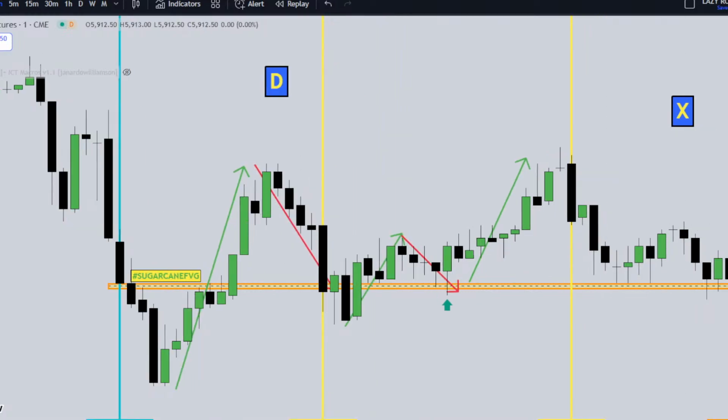What we're gonna look for right now is the gap. How do we find the gap? It's always between three bars. Bar one, bar two, aka the space bar, bar three. It doesn't matter. I like to draw them yellow because it doesn't matter if it's up bars or down bars.